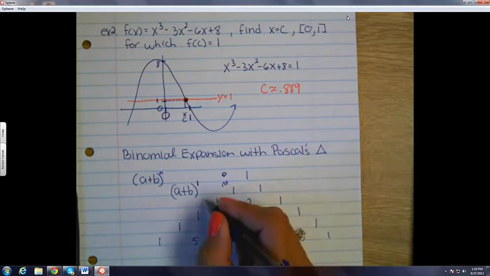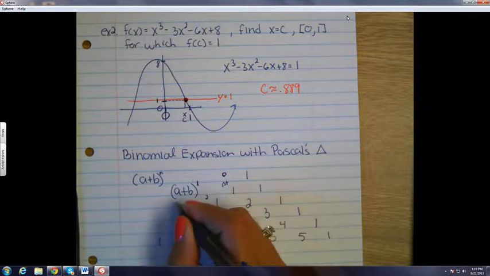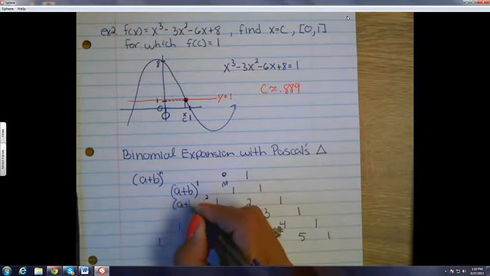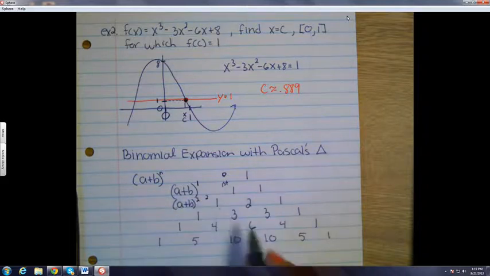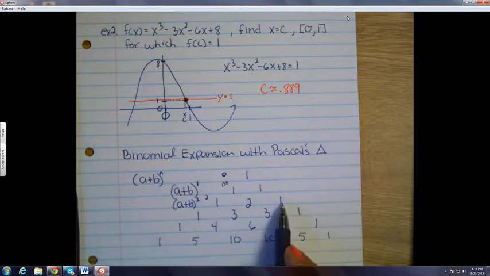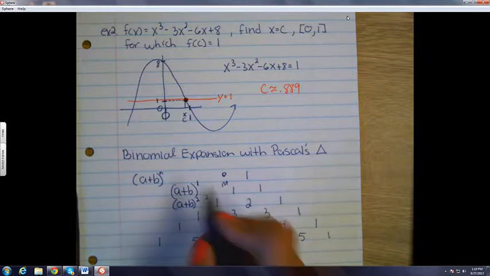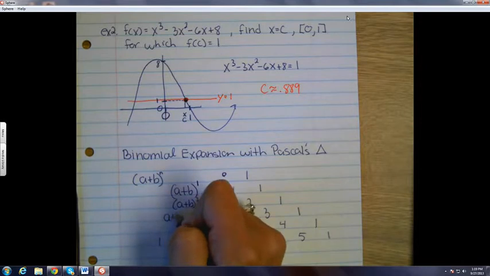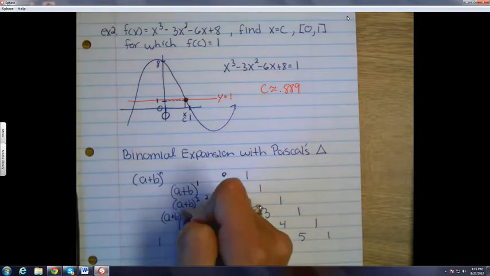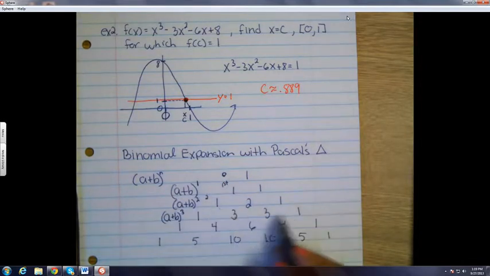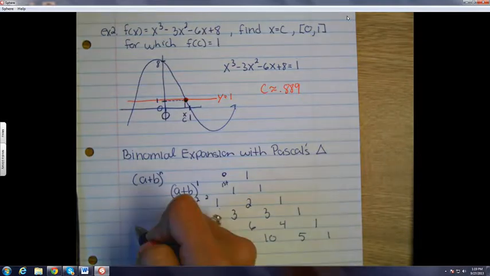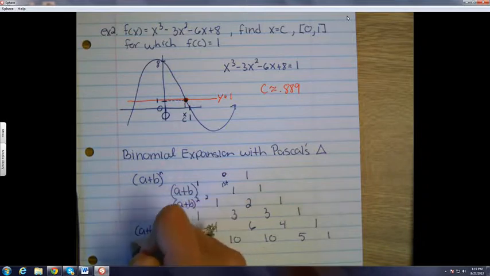This is the second row. This would give us A plus B squared. This is basically our FOILing row. This next row is A plus B cubed. We would use this row, the 1, 3, 3, 1. We're going to use this one a lot. This is going to give us our A plus B to the 4th, and then our A plus B to the 5th.